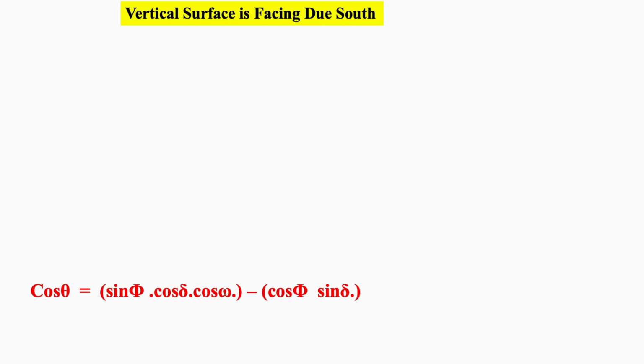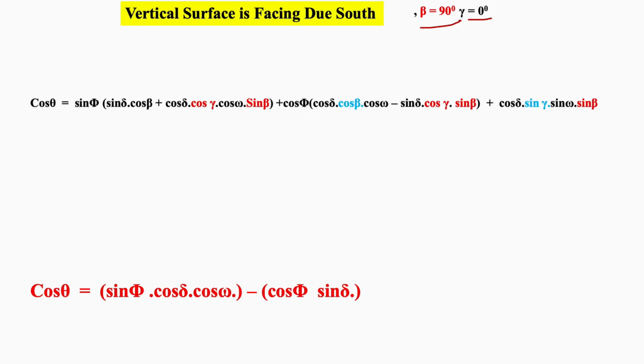Another case is if the vertical surface is facing due south. In that case, one term is beta equal to 90 degrees, along with that the surface azimuth angle is also 0 degrees, because the surface is facing due south. The generalized equation of the angle of incidence is reproduced here, and the two angles, beta and gamma, are reflected here.